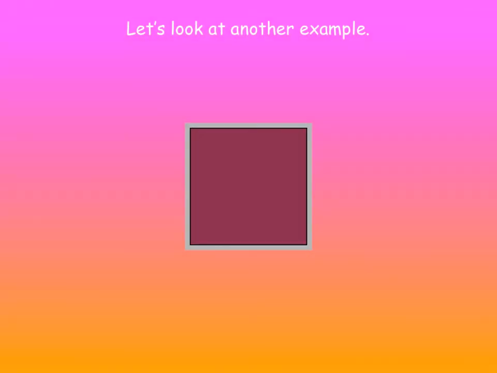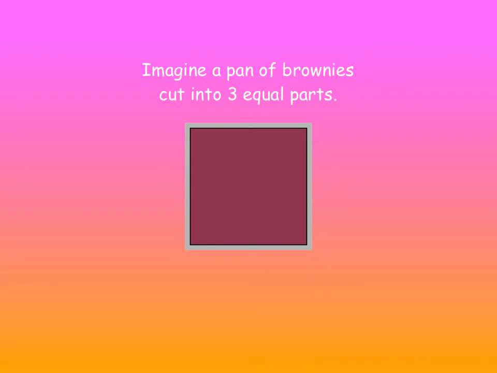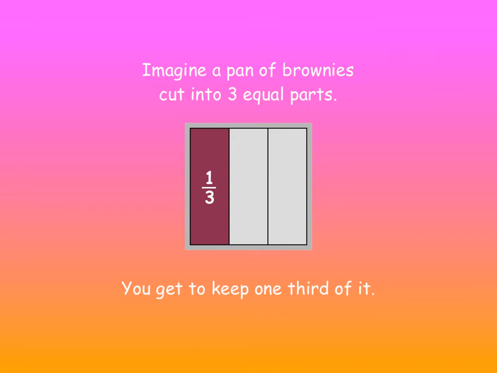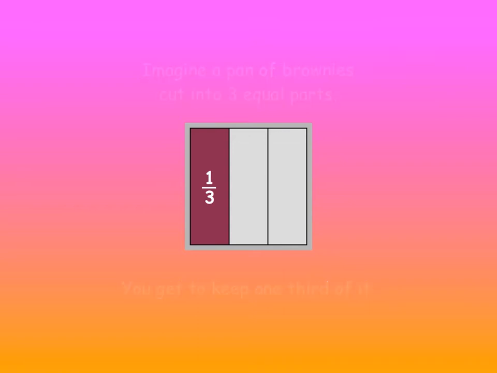Let's look at another example. Imagine a pan of brownies cut into 3 equal parts. And you get to keep 1/3 of it. Well, okay, those are gone. So you get to keep 1/3.